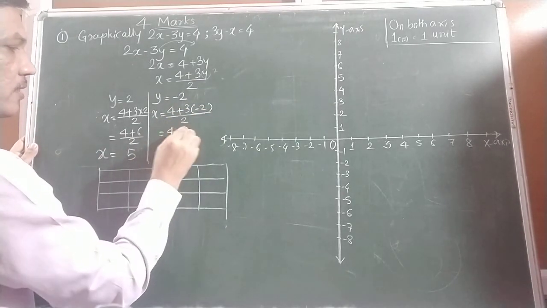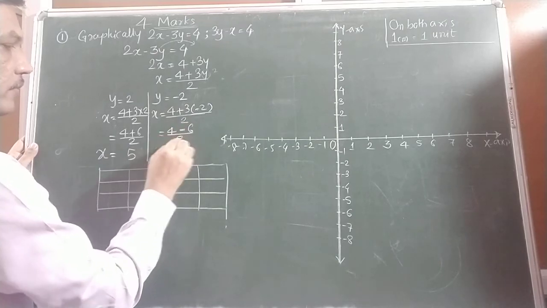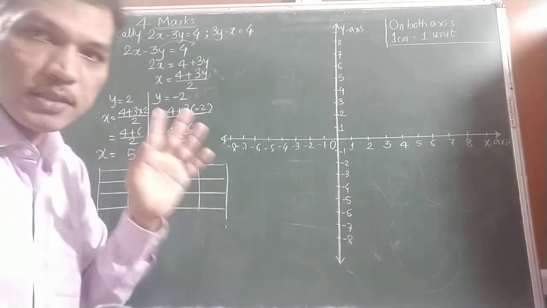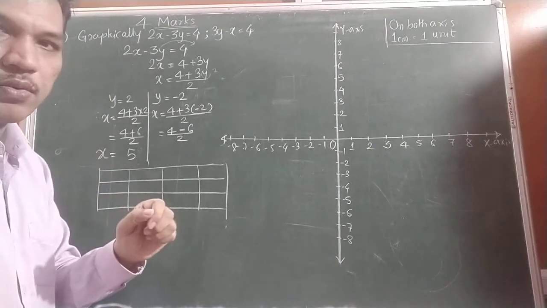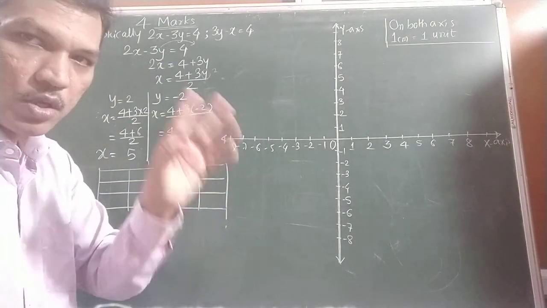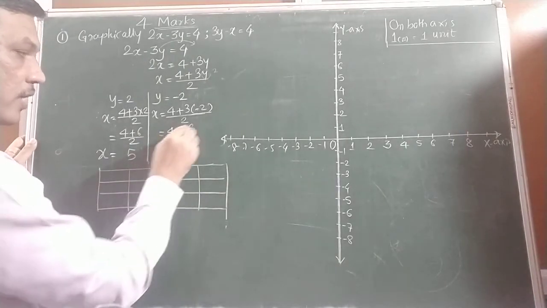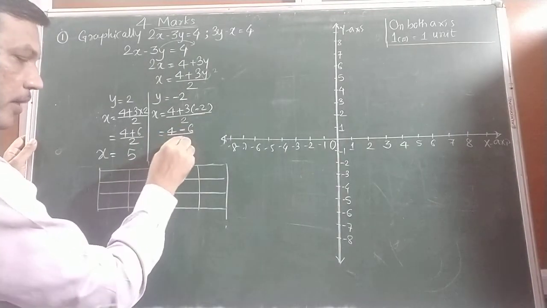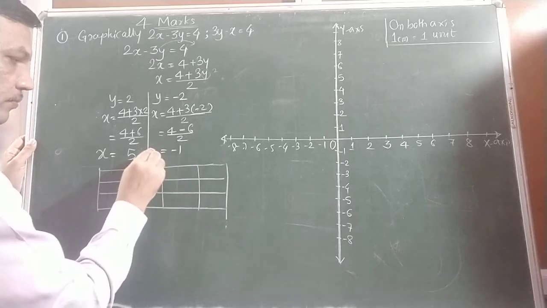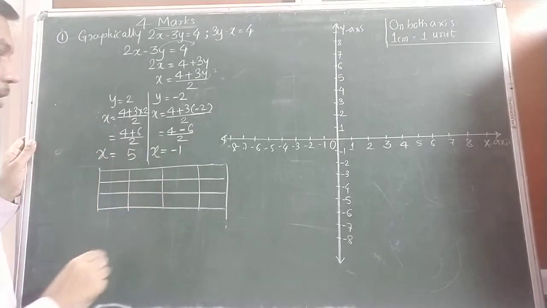So 3 2s are 6, plus minus minus. So 4 minus 6. What is 4 minus 6? Minus 2, the sign of the bigger number. So minus 2 divided by 2 will become minus 1. So x is equal to minus 1.